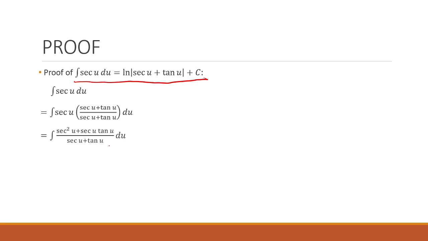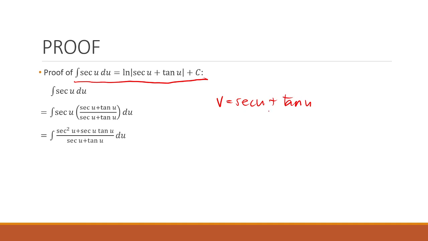And then, applying u-substitution, or in this case, let's use v. For this one, we'll let v be equal to the denominator, secant u plus tangent u. Because if we take its differential, we'll see later.